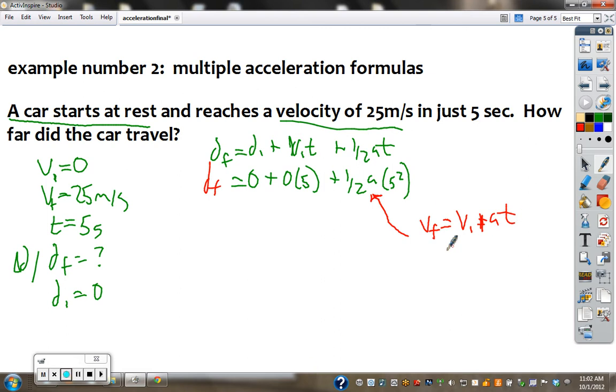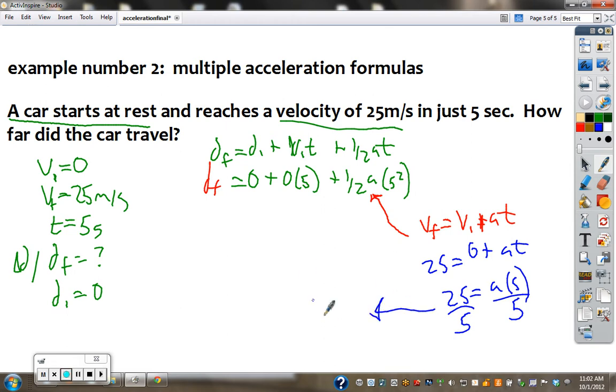I have this stuff to solve for acceleration, and now I'll just plug it in there. 25 equals 0 plus acceleration times time. 25 equals acceleration times 5. This is a times 5, so I divide by 5. Acceleration equals 5 meters per second squared. So I'll plug that in there.